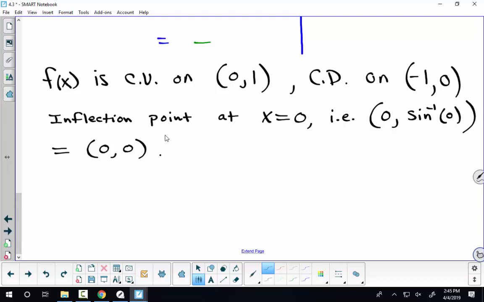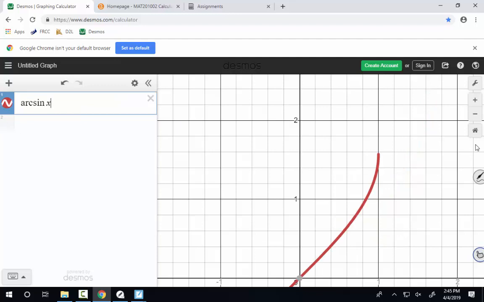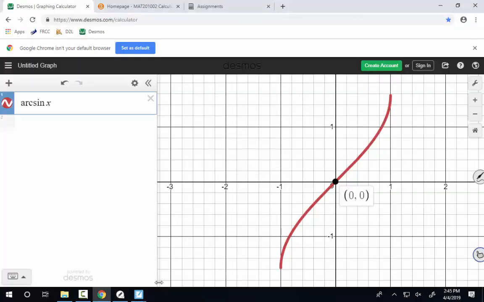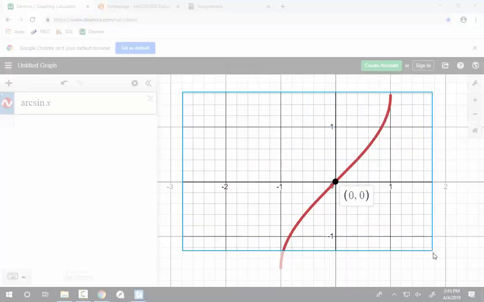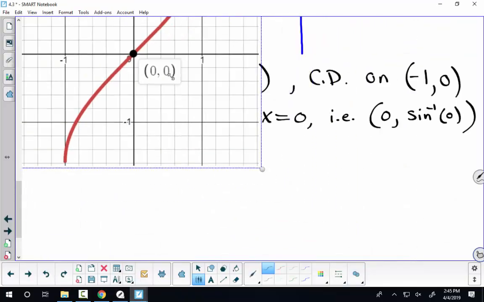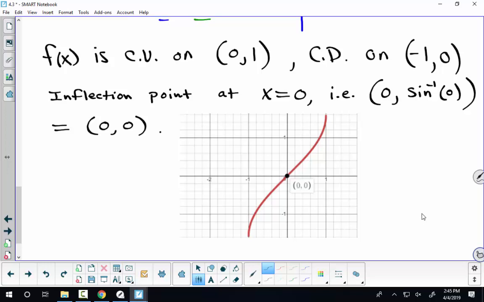Does anyone have any questions on that example or the process? So like I said, looking at the graph, it isn't totally clear where the concavity is up or down and where that concavity changes.